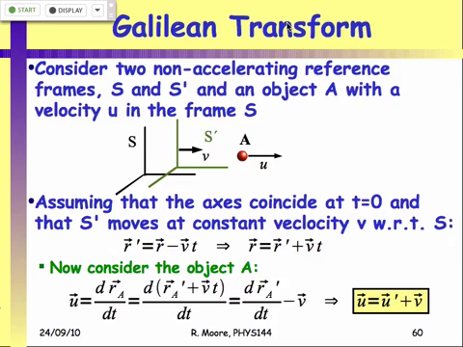So if you've got a ball rolling along the platform with a velocity u, and a train moving through the station with a velocity v, then the velocity that the person on the train will observe for the ball is this speed minus the speed of the train relative to the platform.